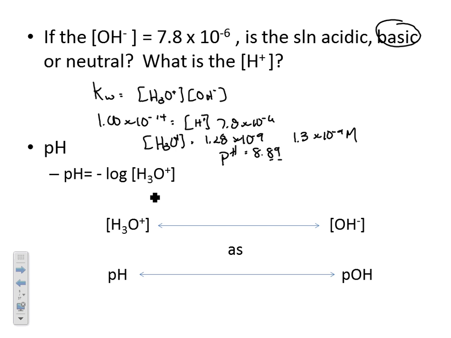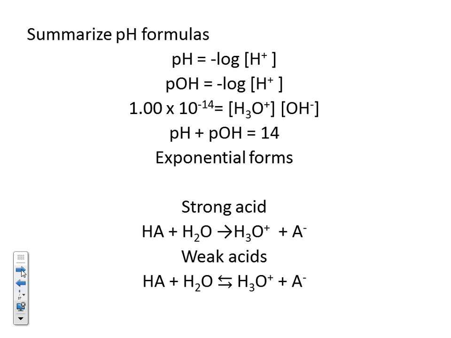Right? So remember that because acids make hydronium, pH is a measure of acidity. Because bases make hydroxide, pOH is a measure of alkalinity. So we remember these formulas. We looked at them last year. Remember that we can always use exponential forms to go from a pH to a hydronium concentration, or a pOH to a hydroxide concentration.